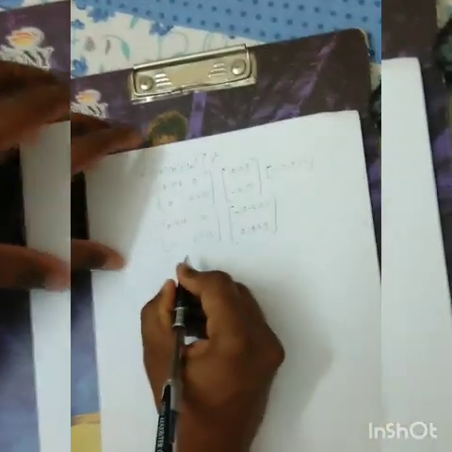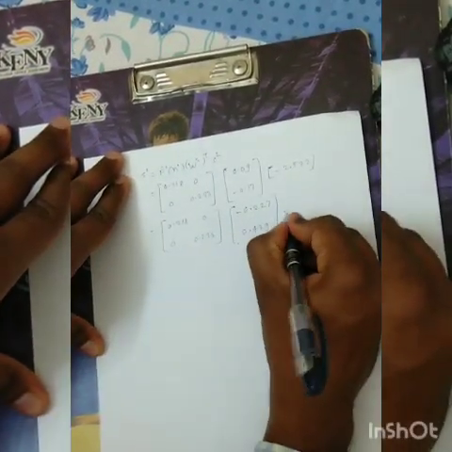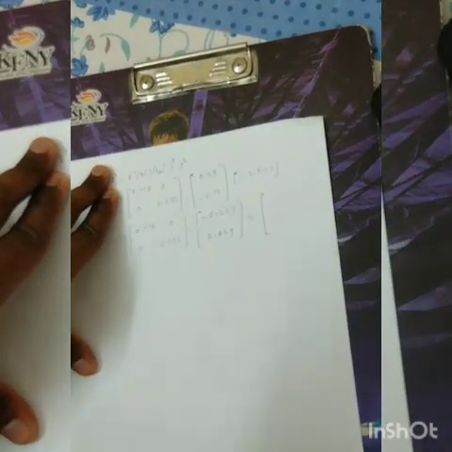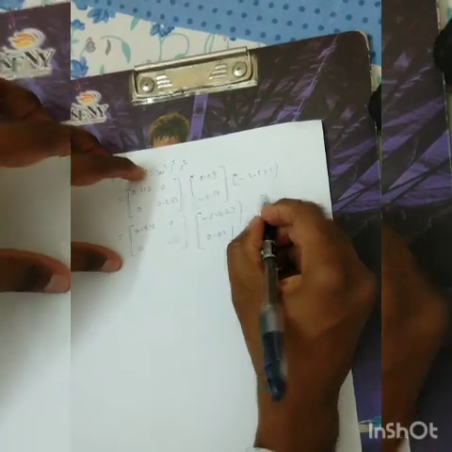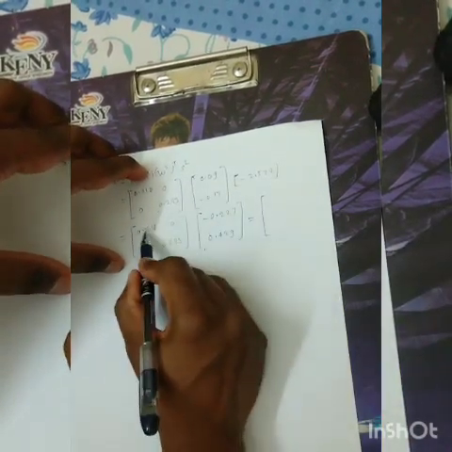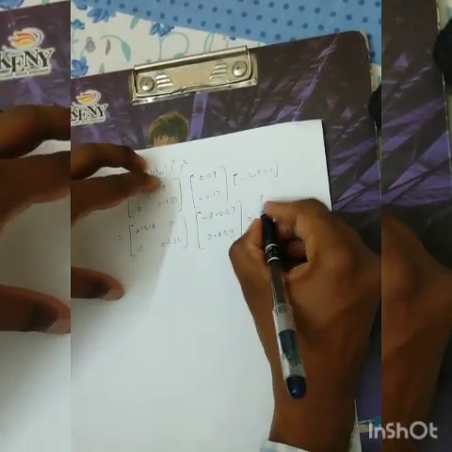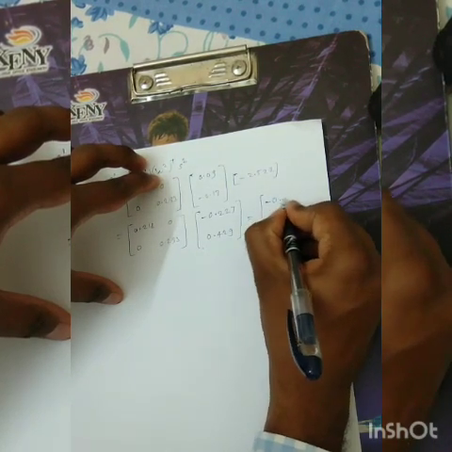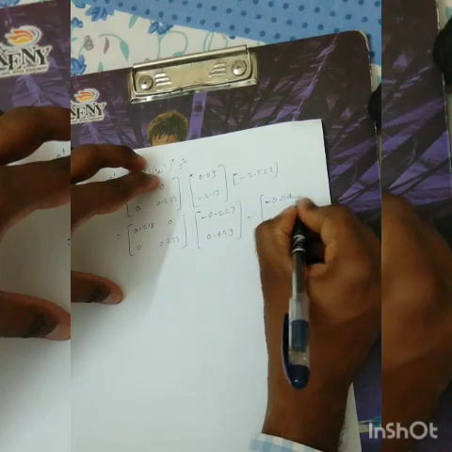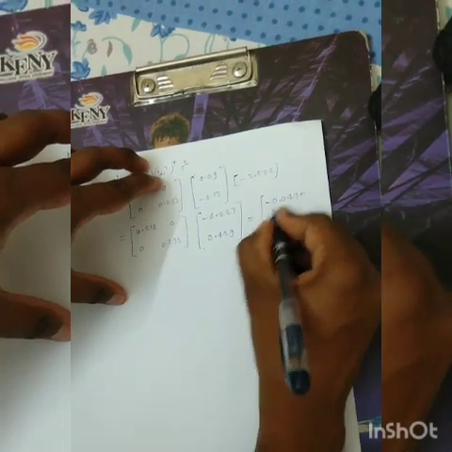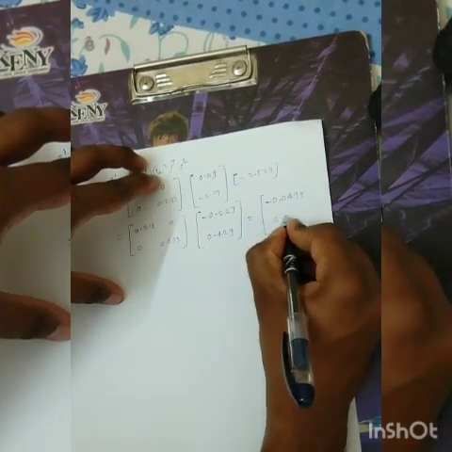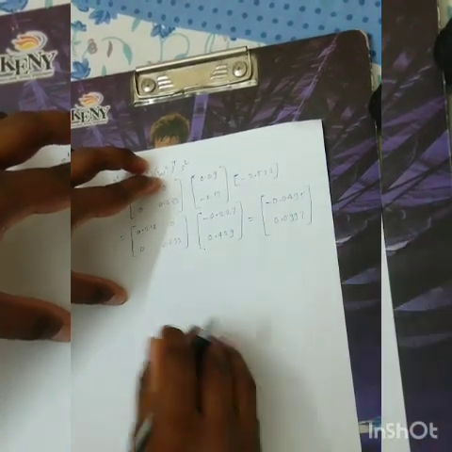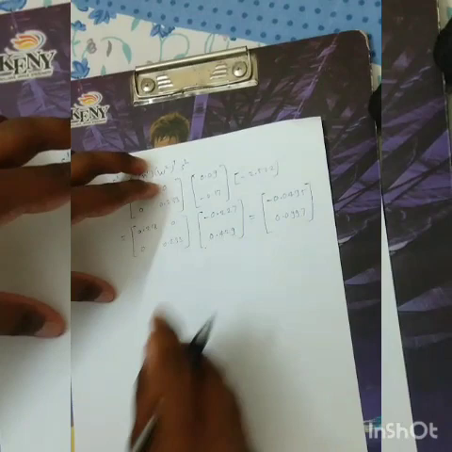The multiplication of these two matrices row by column will be minus 0.0495, and the second element will be 0.0997. You can check it on a calculator.